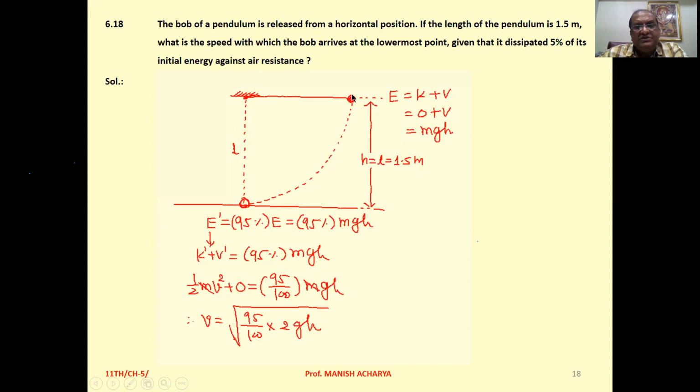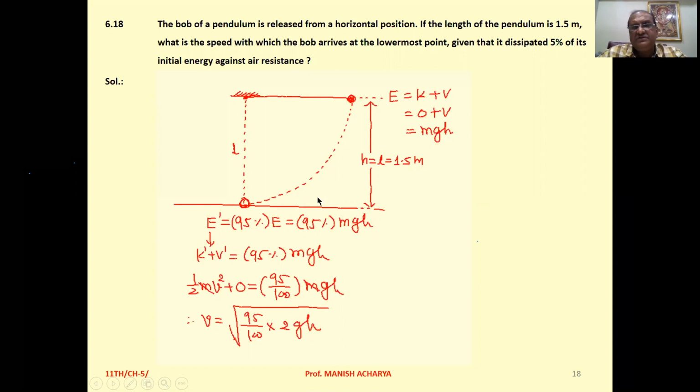Now in this position, the total energy of the pendulum, that is kinetic energy plus potential energy, but it is stationary at horizontal position, so kinetic energy is 0, and total energy is the potential energy, which is equal to mgh. When any object having mass m is at height h in the gravitational force field, its potential energy is mgh. This we studied in theory.